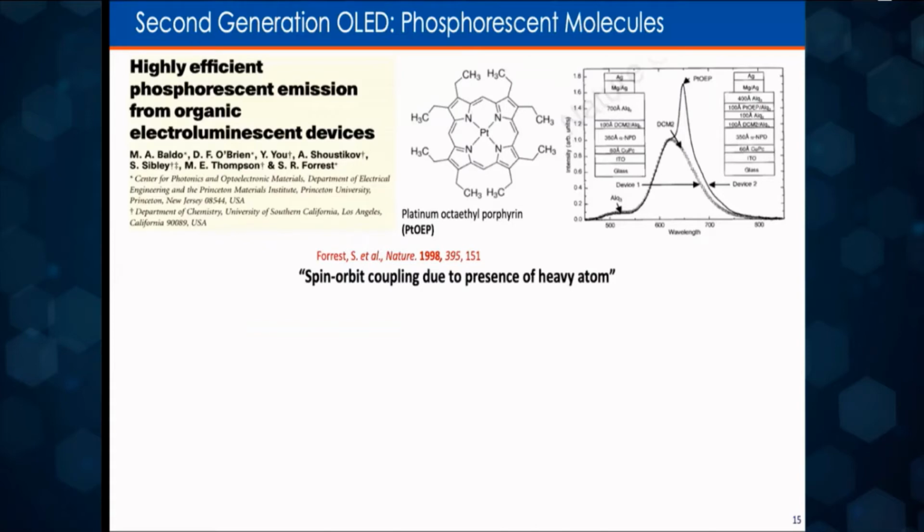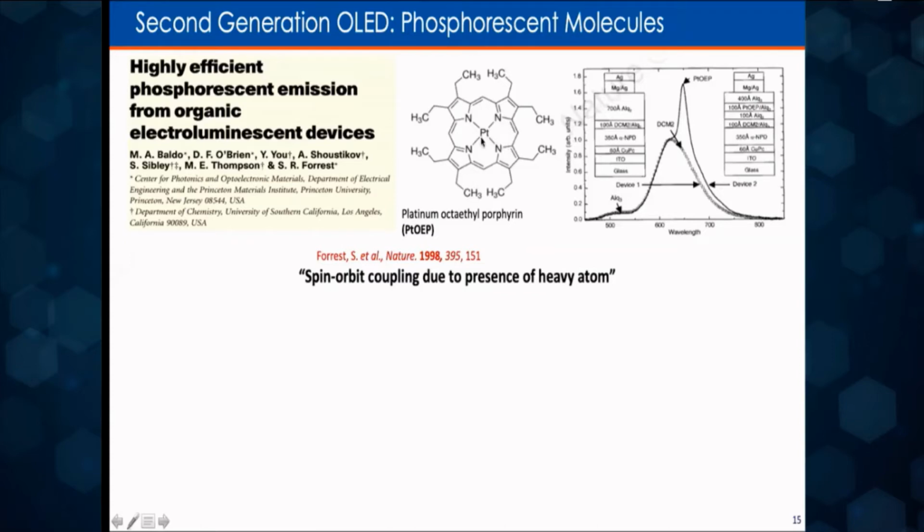This question was asked in the community from time to time: how are we going to really use triplets for light emission? This is work by Thompson and Forrest, at Princeton and the University of Southern California. What they did is use a hybrid material, sort of inorganic and organic.